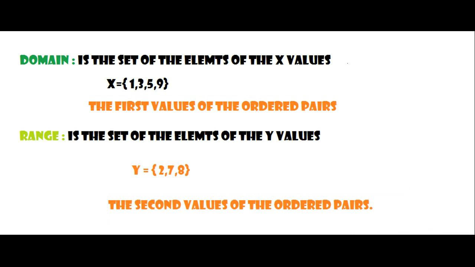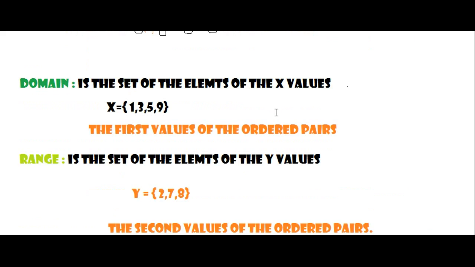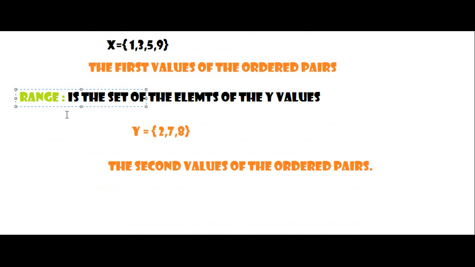Okay, so we will learn some basics: the range is a dependent variable. The range is always a dependent variable. It depends on domain. Okay, so now we go towards function. What is a function?